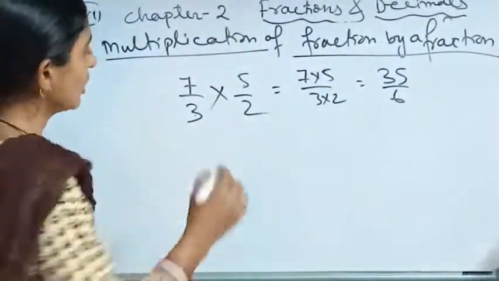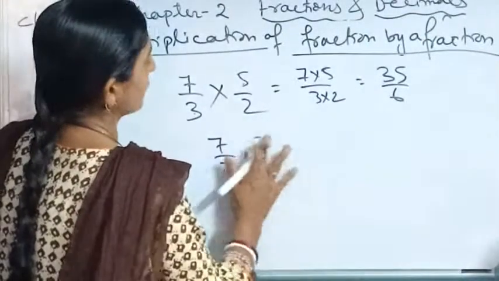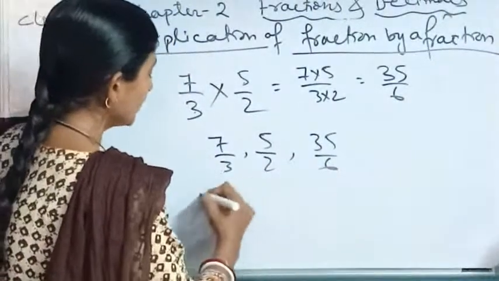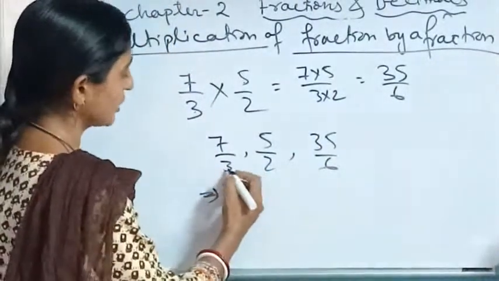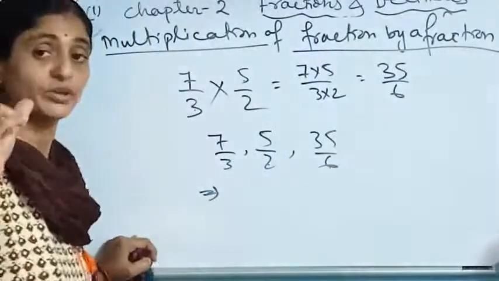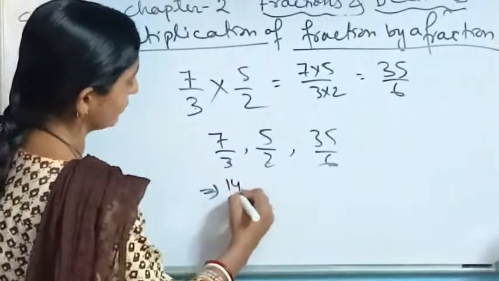So what we will do now is change all three numbers to like fractions. When I change all of them to like fractions, all the denominators will be 6. How can I make it 6? If I multiply 7/3 by 2, I will get 14/6.